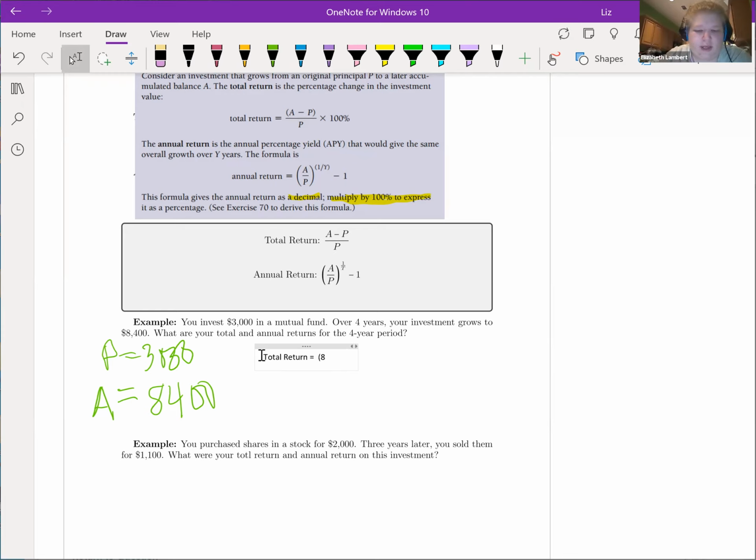We have 8,400 minus 3,000, which is 5,400. And then we are going to divide that by 3,000. We get 1.8. And then we're going to times that by 100%. We get 180. That is horrible math to see.